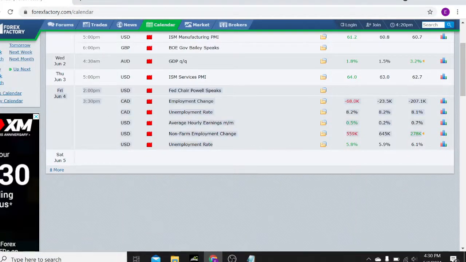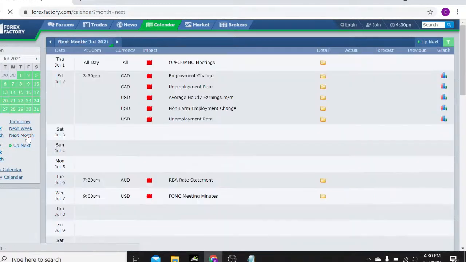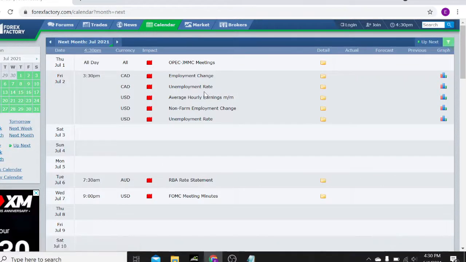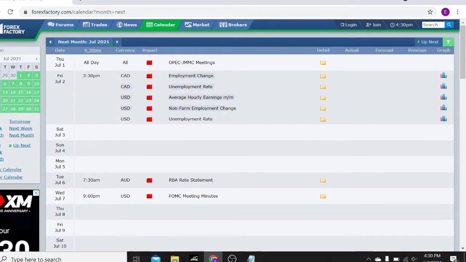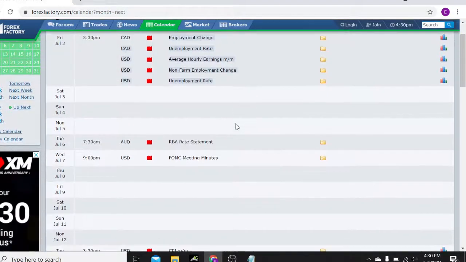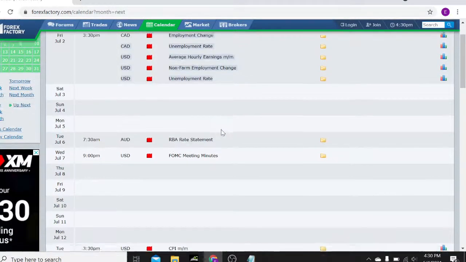The first Friday of every month. Let's look for the next month. The same scenario would be playing July 2 employment rate. Same thing. Listen, if I can be able to target the same entries, that's the first strategy.